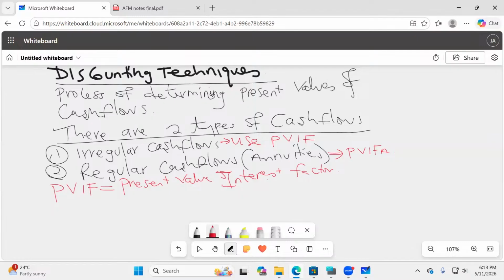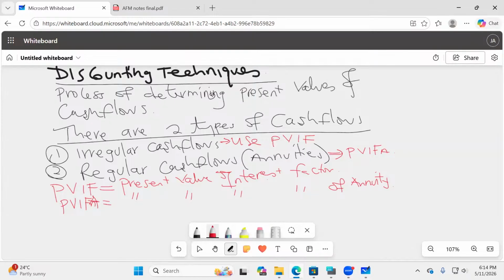How about PVIFA? Everything in this case will remain the same: present value interest factor, but this time round, the A stands for annuity. Present value interest factor of an annuity.